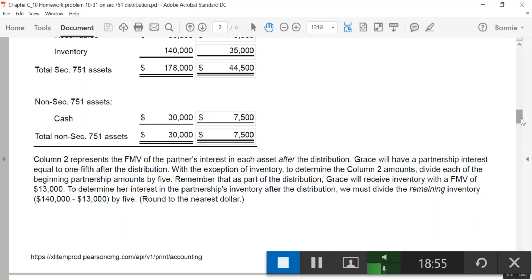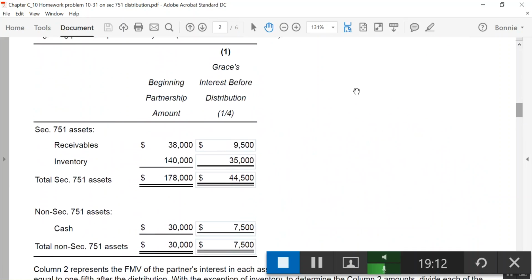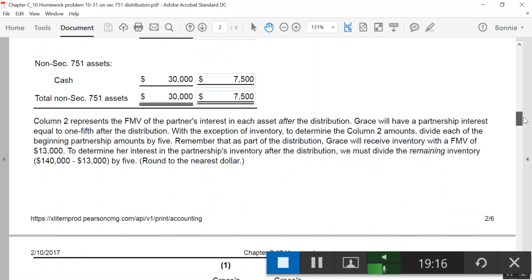It represents the fair market value of each of the assets after the distribution. That's column 2. With the exception of the inventory, all you have to do is take your first column, column 0, and multiply it times her interest in the partnership after the distribution, which is now 20%, because it's gone down from 25% to 20%.